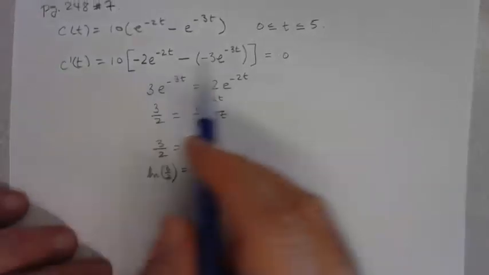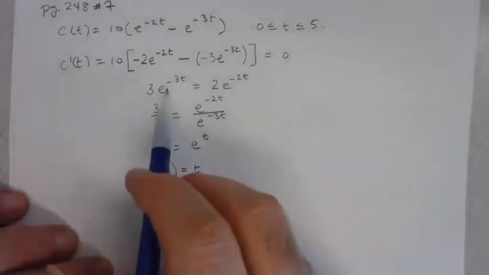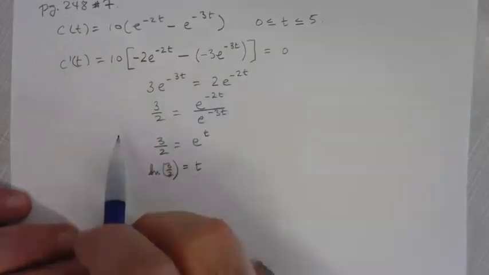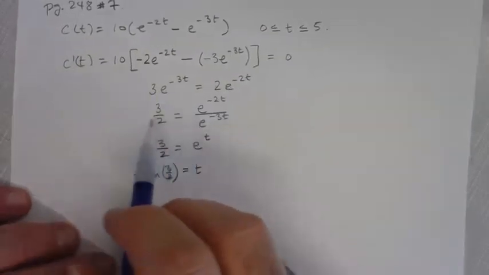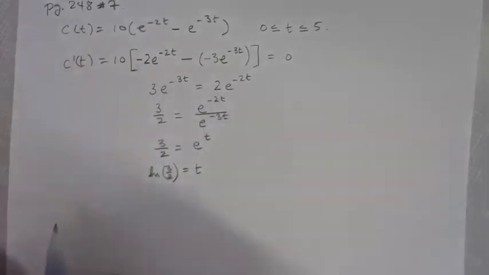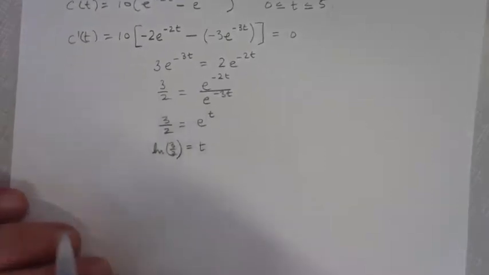Any questions on what I did here? So I just took the derivative, and I noticed that if I wanted to bring these two expressions together, it made more sense to divide them than to try to add or subtract them, because those are the rules I have for exponential expressions.